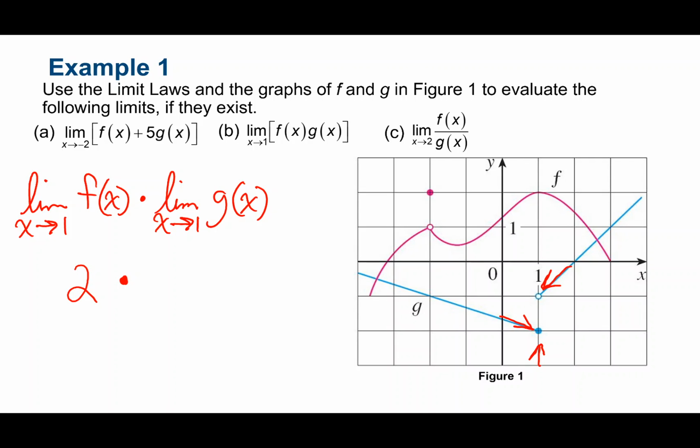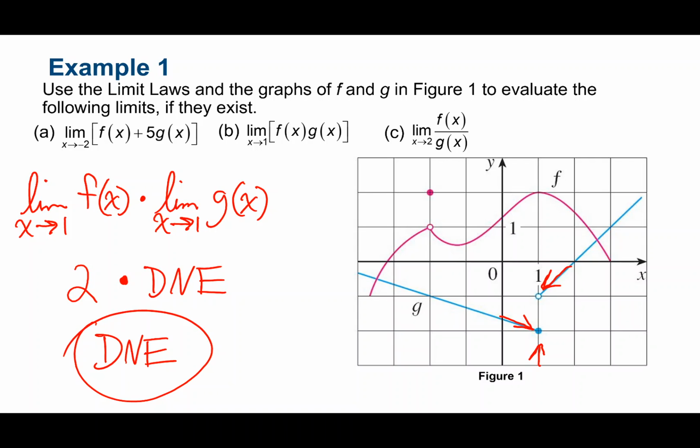So what's our limit of g of x? Does not exist. Okay, remember if they don't match. So if the limit from the left side and the limit from the right side don't match, the limit does not exist. So this whole thing, the limit of the whole thing, does not exist. If we had gotten a number, we would just multiply the two numbers together.